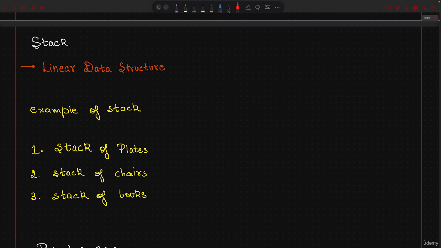For example, we saw how linked lists are also an example of a linear data structure. The reason was that there was an inherent order which we were following. That does not mean that these are stored physically in memory in order. No, but logically we know that this is the first element, this is the second element.